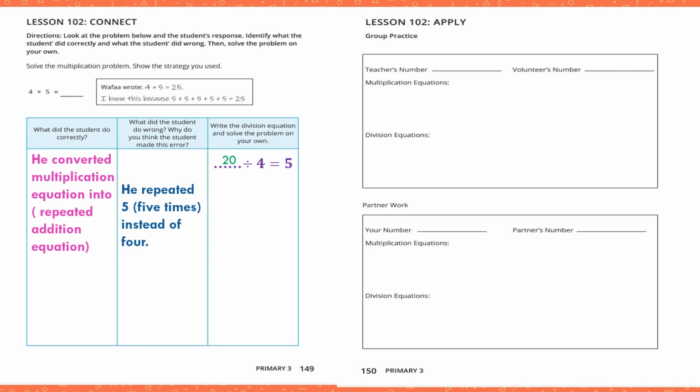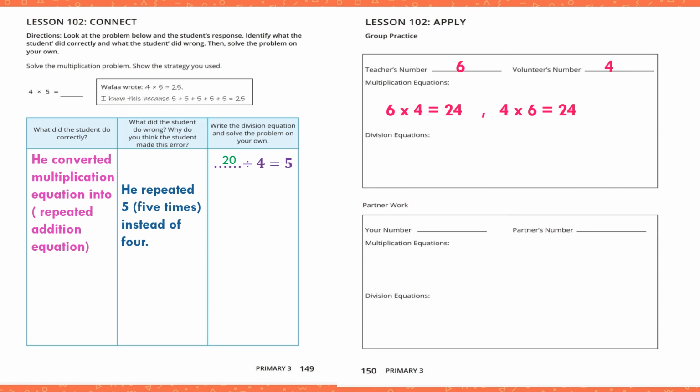Now let's move to the applying part. It's like a game to practice multiplication and division equations. So I have two numbers. To know the multiplication equations, it will be factor, factor, product. So 6 times 4 equals 24, and reverse the two factors to be 4 times 6 equals 24.